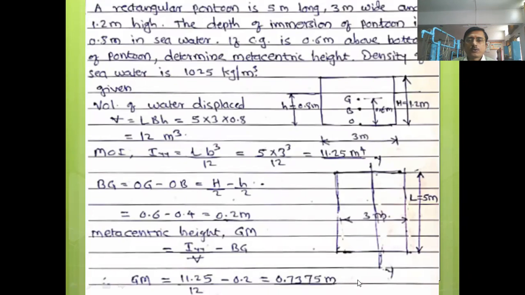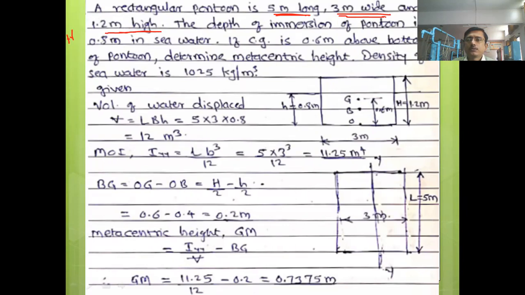A rectangular pontoon. Pontoon means a floating body or floating object. A rectangular pontoon is 5 meter long, 3 meter wide, and 1.2 meter high. So how can we draw the diagram for this particular object?